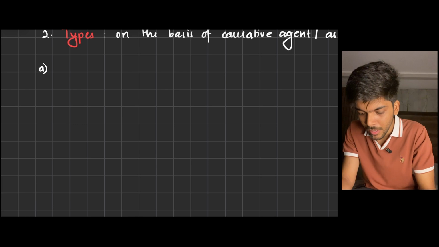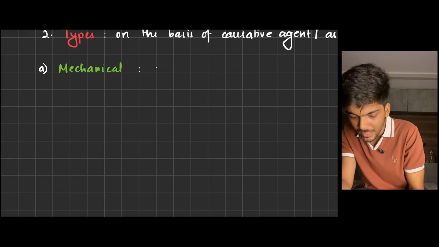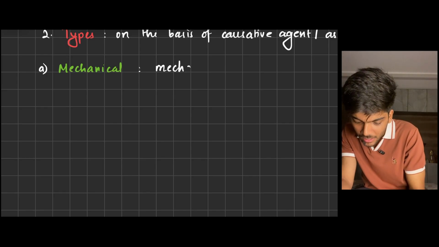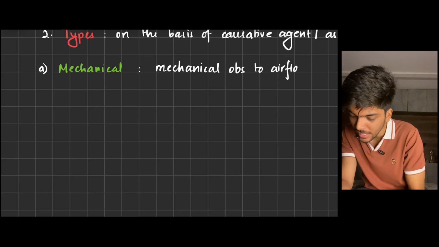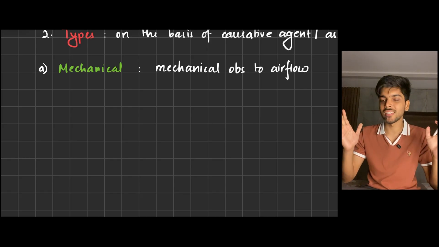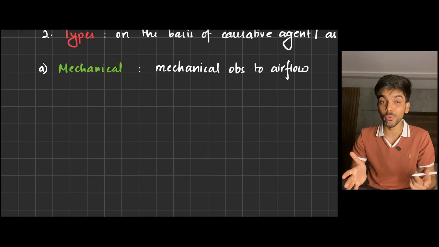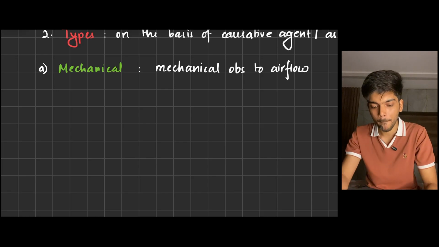Number A, mechanical asphyxia. As the name says, in mechanical asphyxia, there is mechanical obstruction to airflow. I will not give you any examples because throughout the lecture you are going to learn about lots and lots of mechanical asphyxia due to hanging, due to strangulation, due to suffocation and due to drowning.